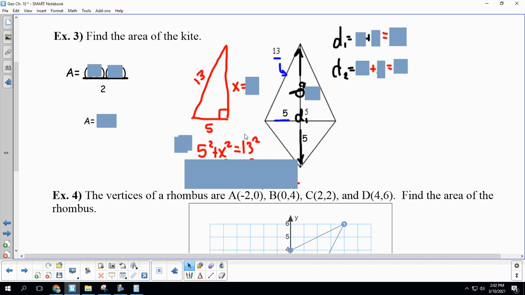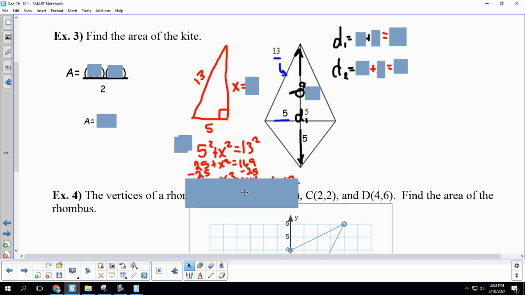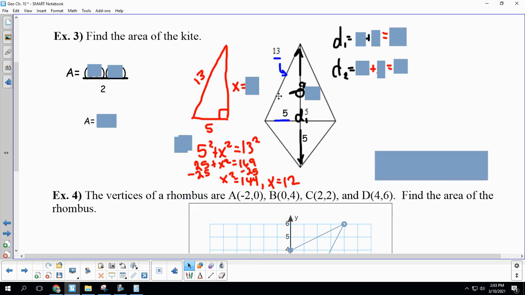If you weren't paying attention during Pythagorean theorem, no problem: it's a squared plus b squared equals the hypotenuse squared. So 5 squared is 25, 13 squared is 169. To get x squared, I subtract that 25 from both sides. I get x squared is equal to 144, so I take the square root and find that x is equal to 12. So now I know that this piece of the diagonal is 12.